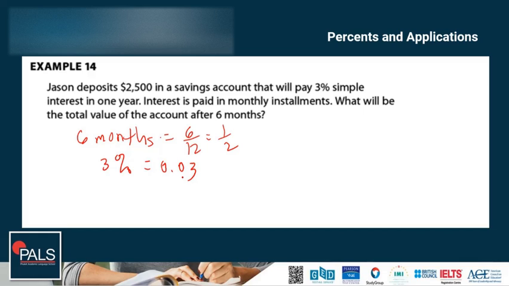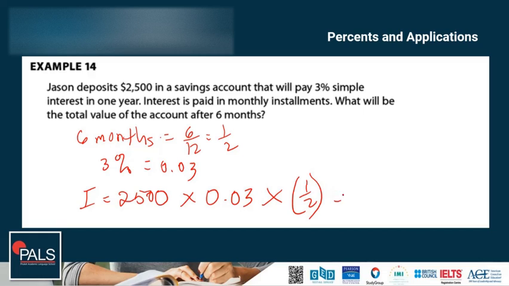Using this to find the interest. So, interest is equal to 2,500 times 0.03 times 1/2 is equal to 37.50.